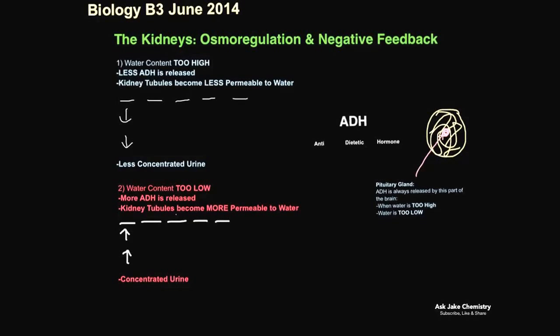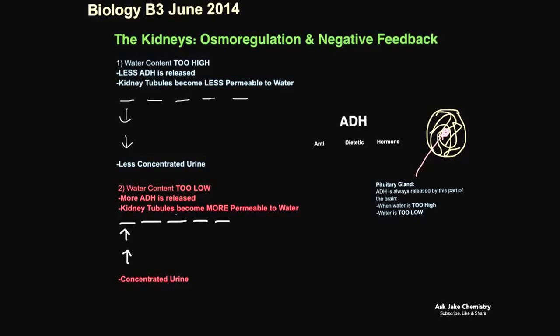So, now I'm just going to explain what happens if you have drunk too much water or not enough. If the water content is too high or too low, negative feedback brings it back to normal. So let's say that you're dehydrated and you haven't drunk any water. This means the water content is too low. This means the brain detects the water loss and the pituitary gland releases more ADH.